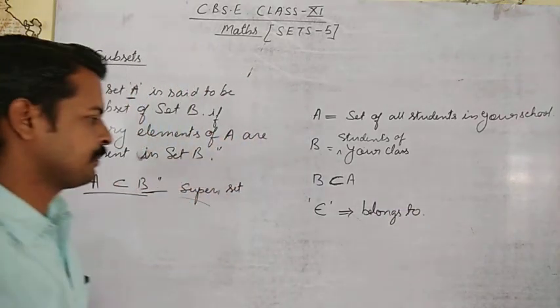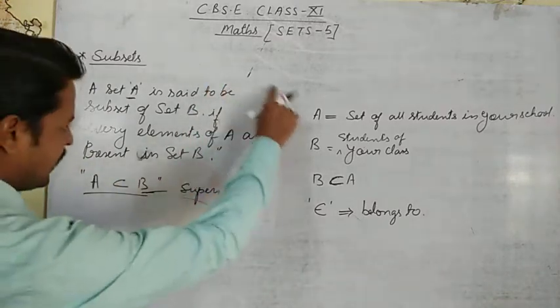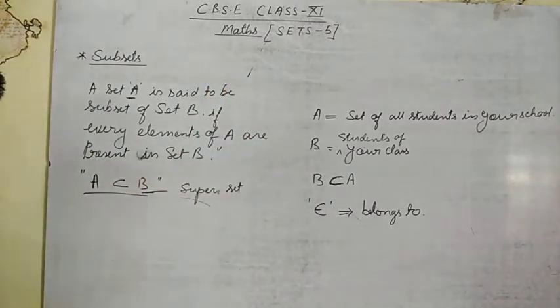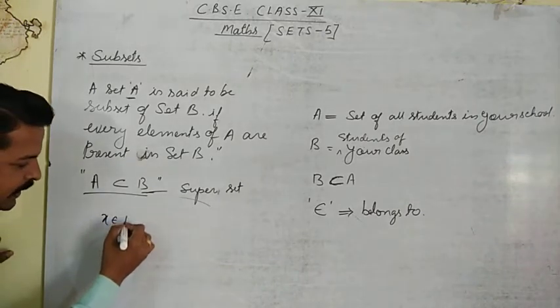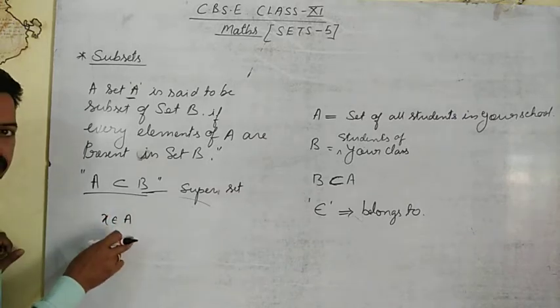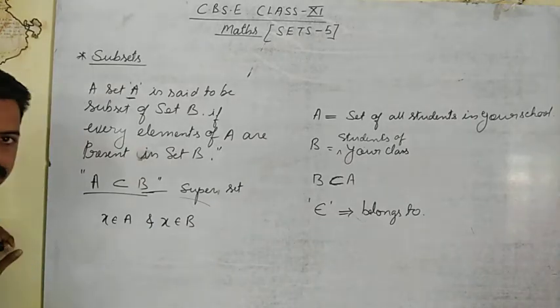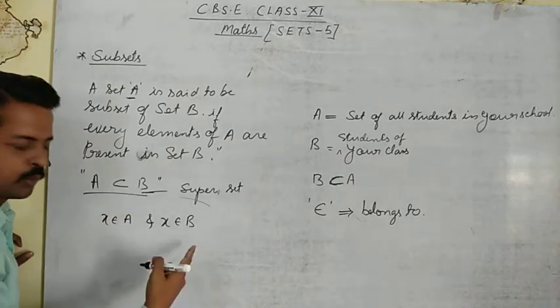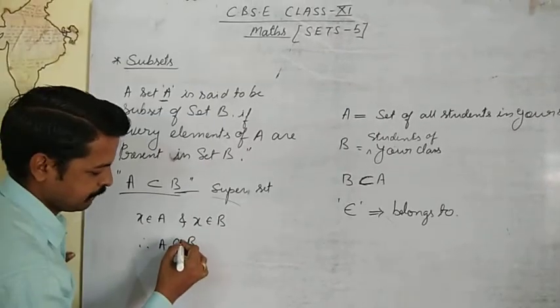Using this symbol, I can write this whole thing in small brackets. Suppose x belongs to A, where x represents every element of A, and x belongs to B also. Then we say A is a subset of B.